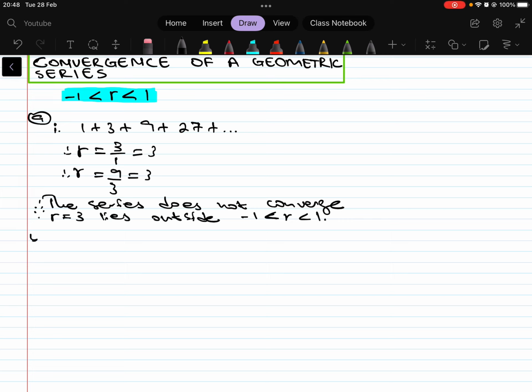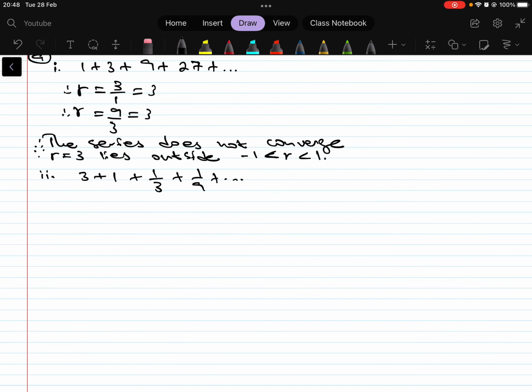Roman figure 2. Suppose you are now given another series: 3, 1 plus 1 over 3 plus 1 over 9. Still the same question. Does the series converge or not? How do you do that? You still just calculate your value of R. In this case, it's simple.